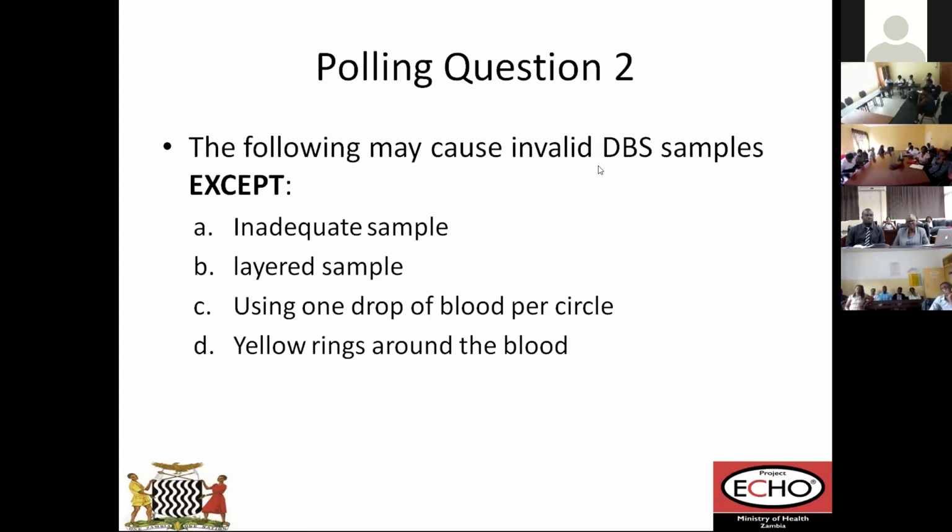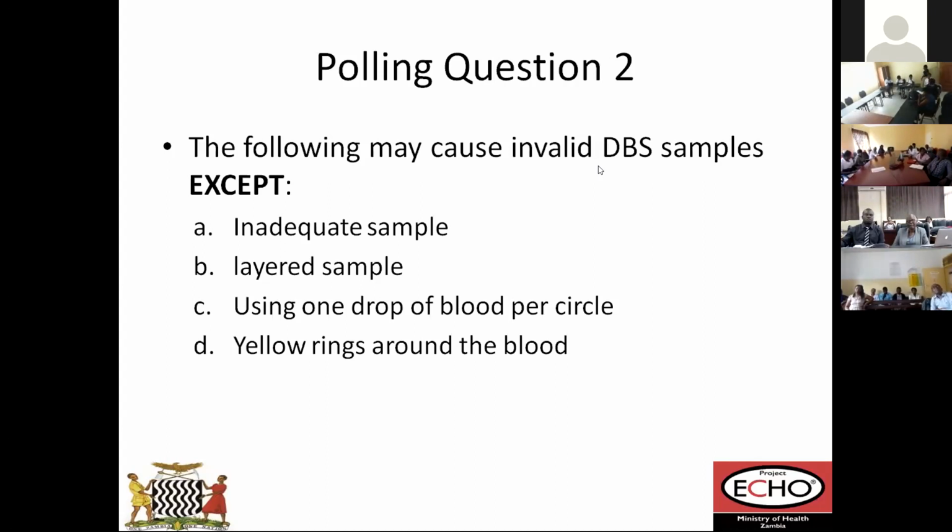Yeah, I think this is very clear from the presentation where we showed the reasons for an invalid sample. If you have too few drops of blood on your DBS card, then it may not be adequate for the specimen to be processed, so it will be invalid.